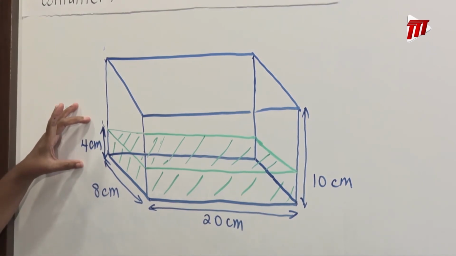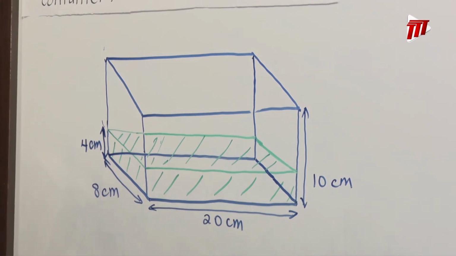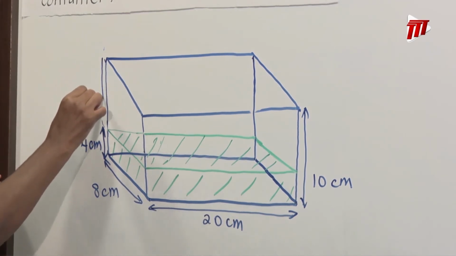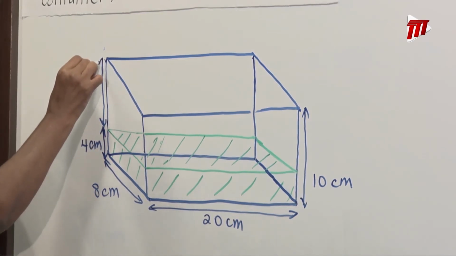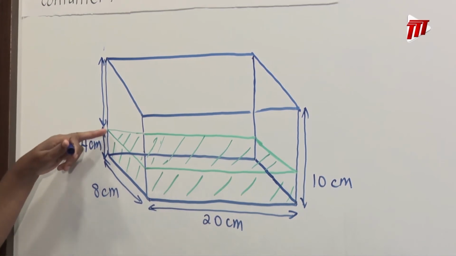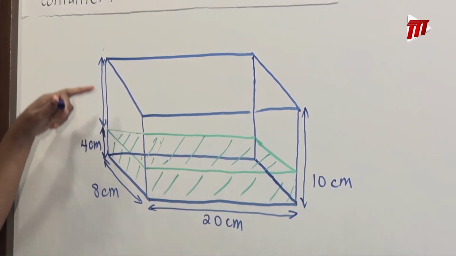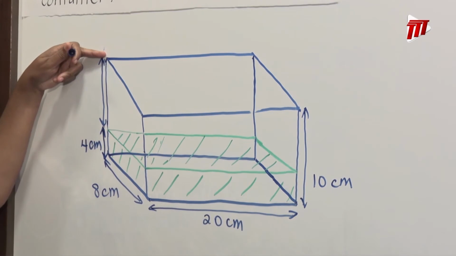The height of the water is 4 centimeters. We need to find out how many more liters of water would be needed to fill from this 4 centimeters to the 10 centimeter.